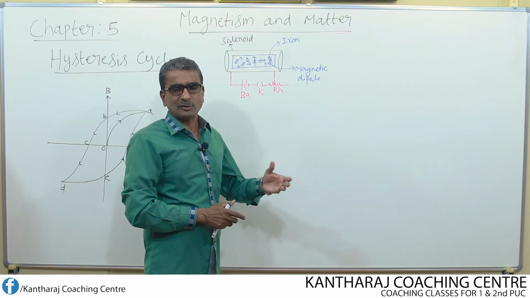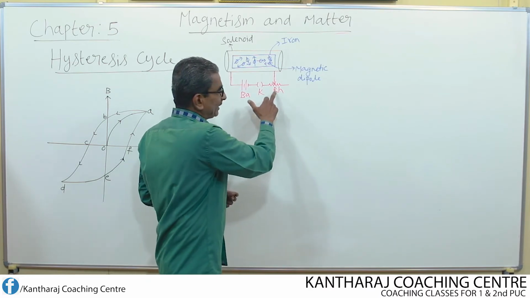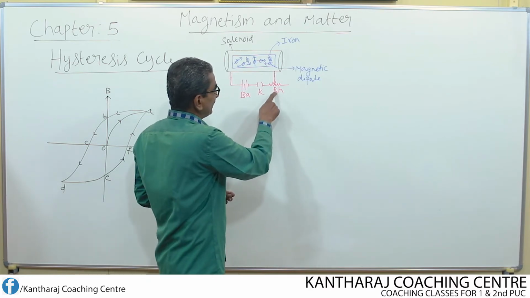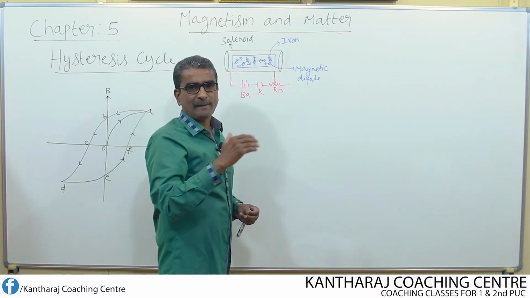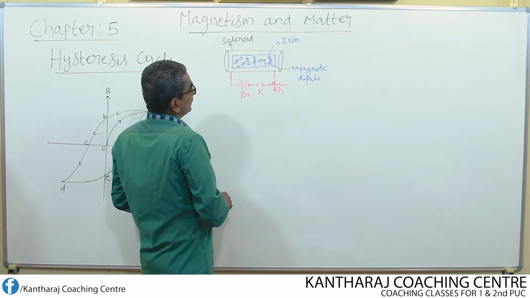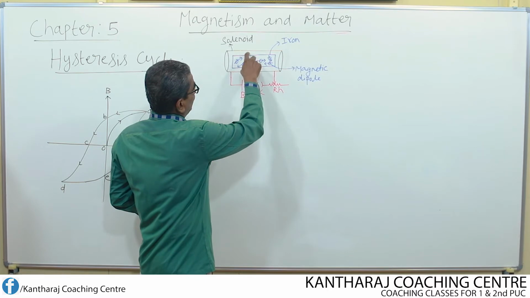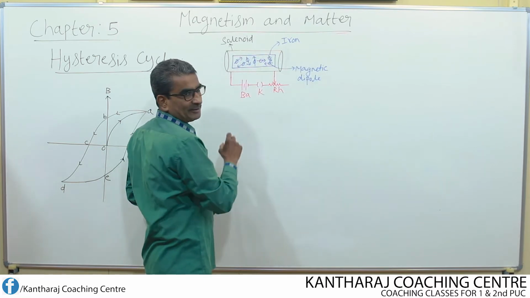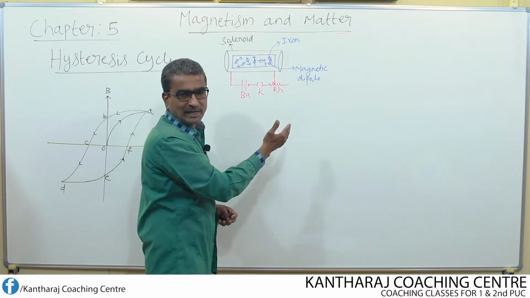Whenever a current or potential difference is to be varied in any circuit, we make use of a rheostat. So by operating the rheostat, the current through the solenoid can be varied from 0 to maximum and maximum to 0. Now here, this is the ferromagnetic material which is kept inside the solenoid. What we do is magnetize this and also demagnetize it.